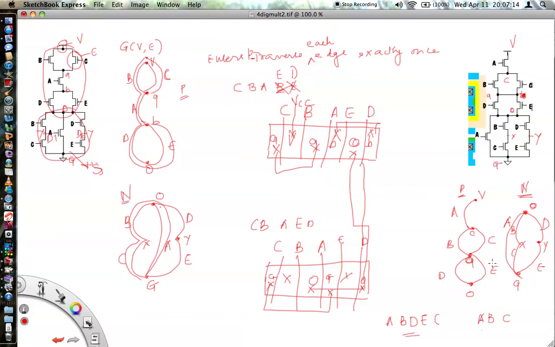So we need to think of something else instead of this pattern, or we will be sharing diffusions.